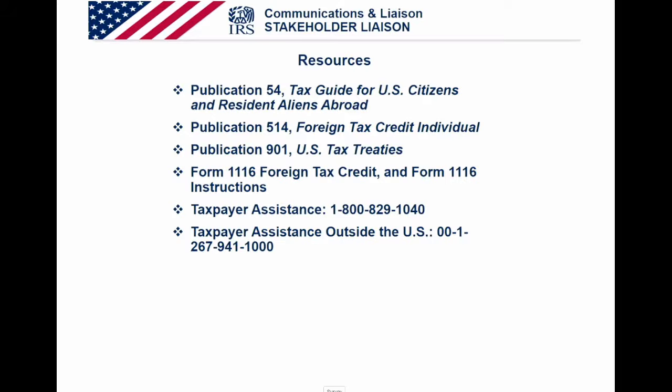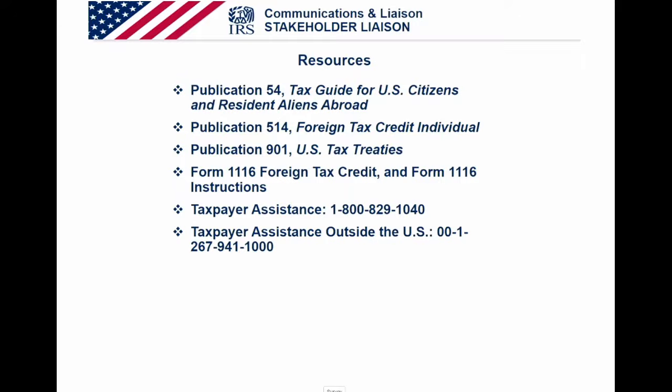And that is actually the go-to resource for all things foreign tax credit. And then publication 901, U.S. tax treaties, plus forms and instructions for Form 1116. We also have a taxpayer assistance line, both for domestic and for taxpayers outside of the U.S.